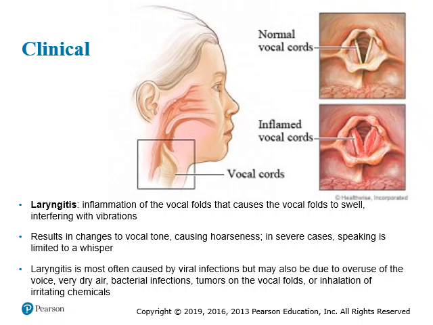It causes hoarseness of the voice, and in severe cases, loss of voice or loss of speech. Laryngitis is most often caused by viral infection, but may also be due to overuse of the voice, very dry air, bacterial infection, tumors on the vocal folds, or inhalation of irritating chemicals.